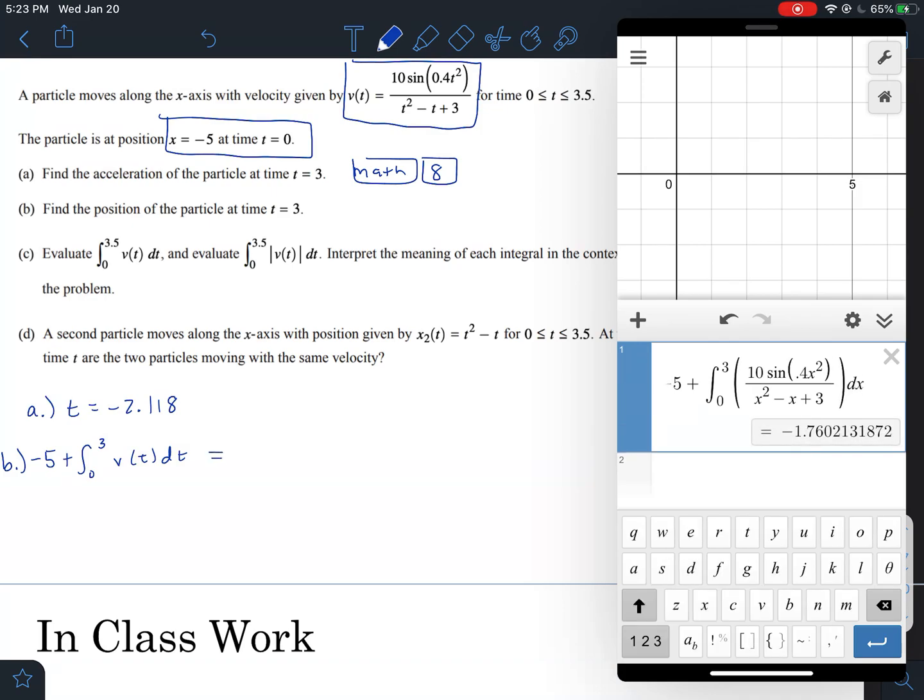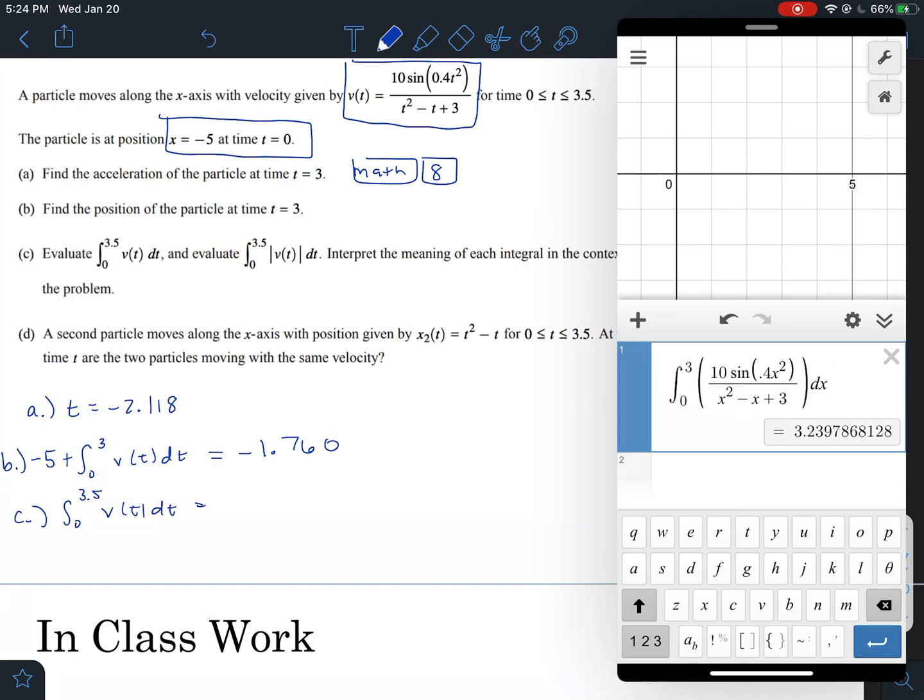And so the position of the particle at time equals 3 is going to be negative 1.760. Now it wants me to evaluate between 0 and 3.5, the integral of velocity.